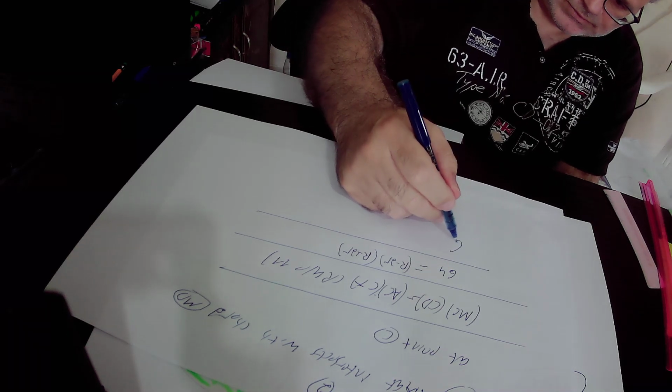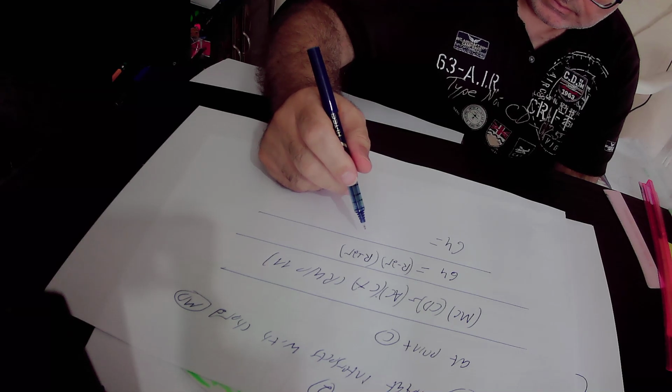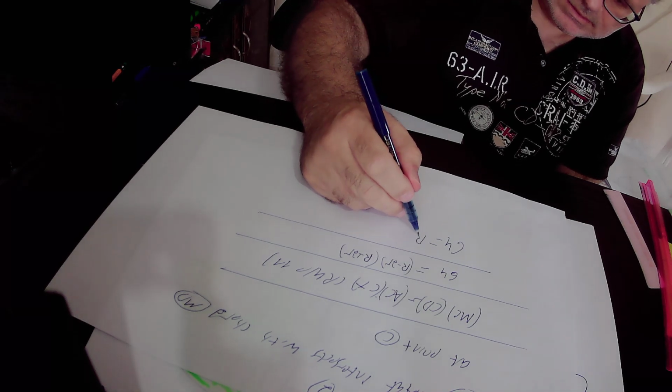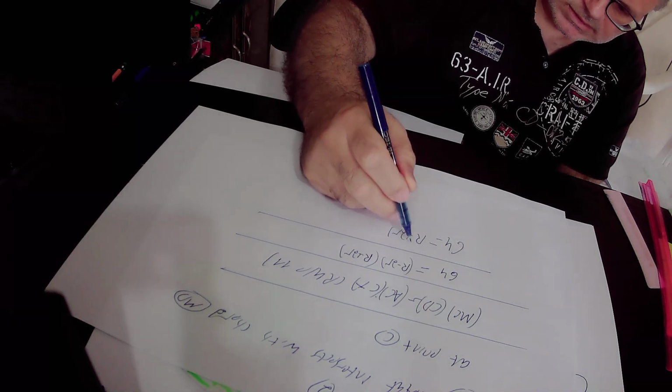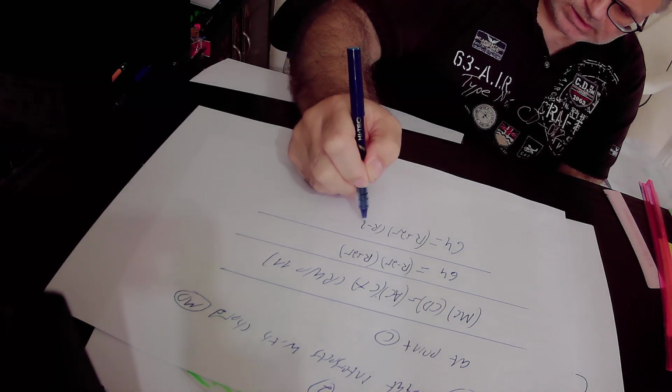So 64 equals, here we have, capital R plus 2R times capital R minus 2R.